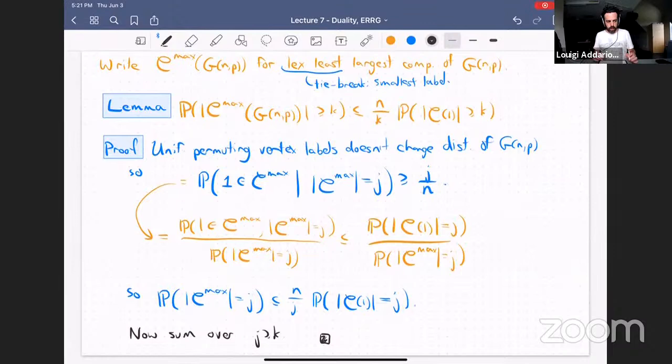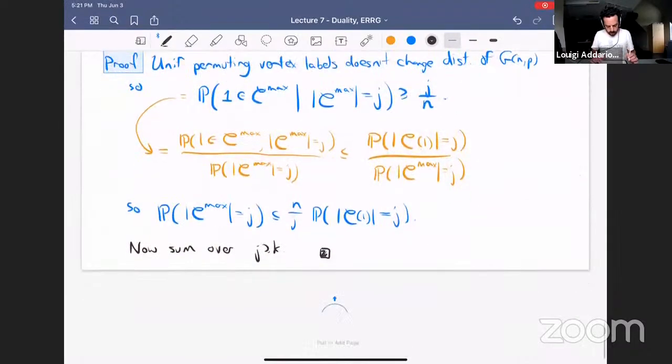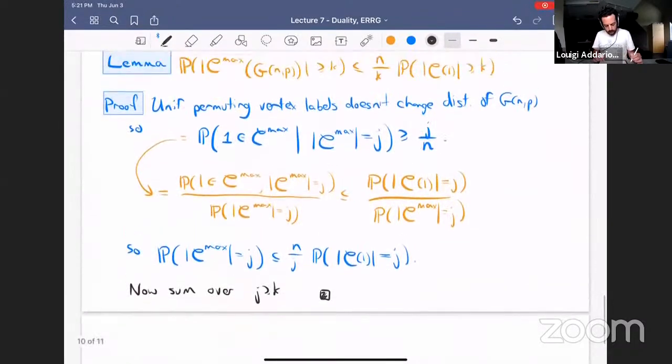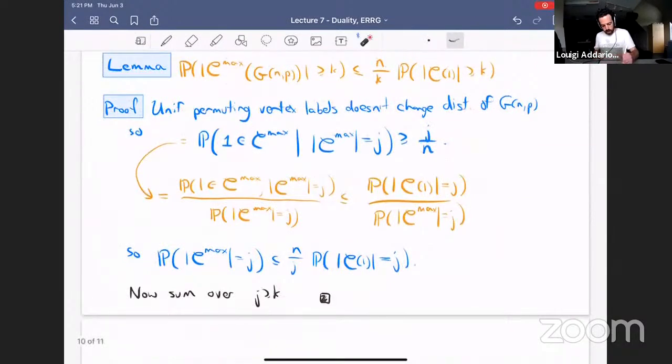So we have this bound here, and now if we just use Markov's inequality to bound the right-hand side and use our bound on the expected size of C1, we get a useful upper bound in probability on the size of the largest component.